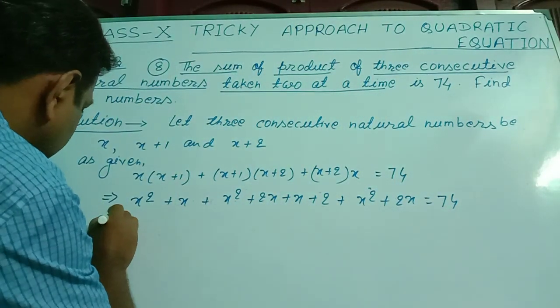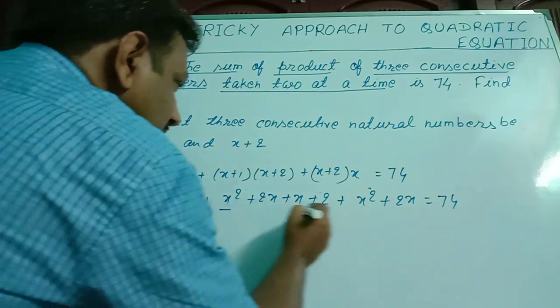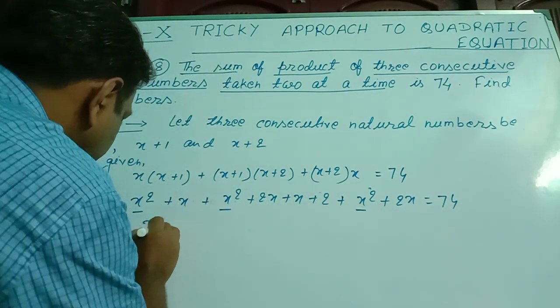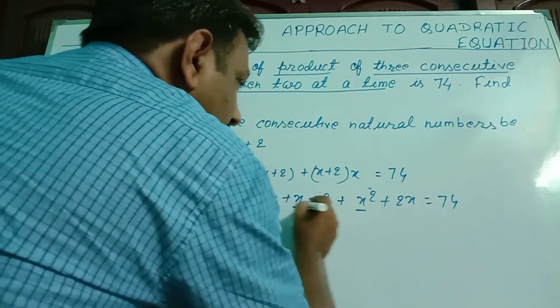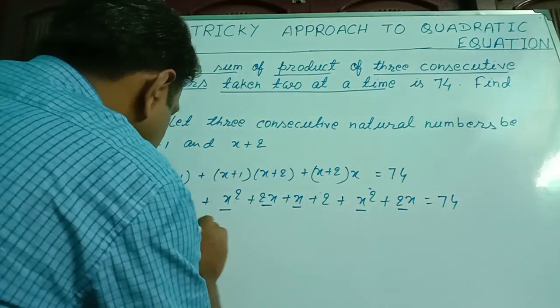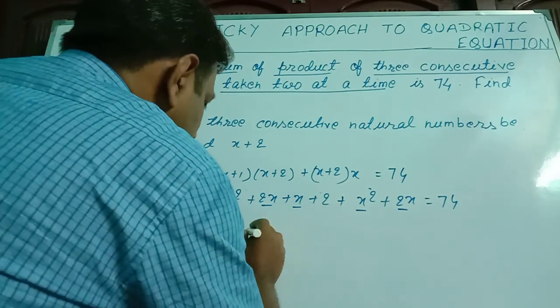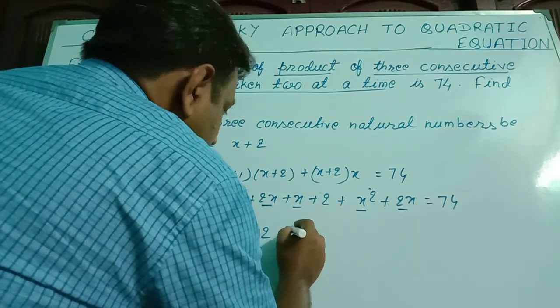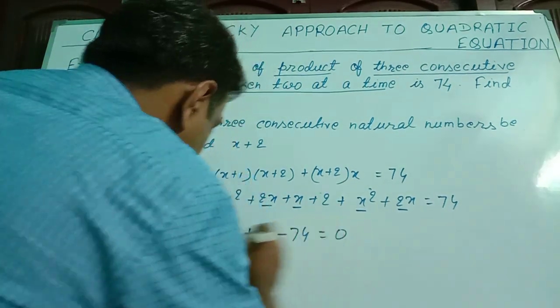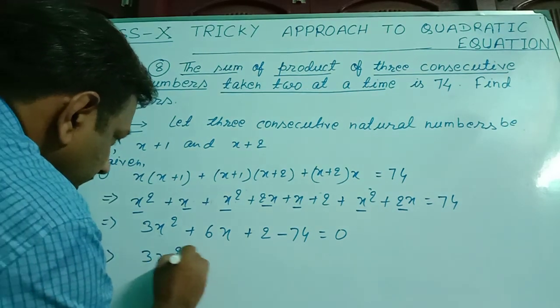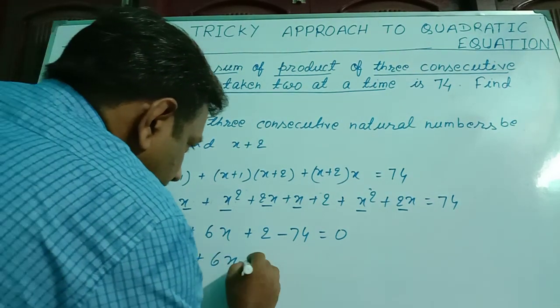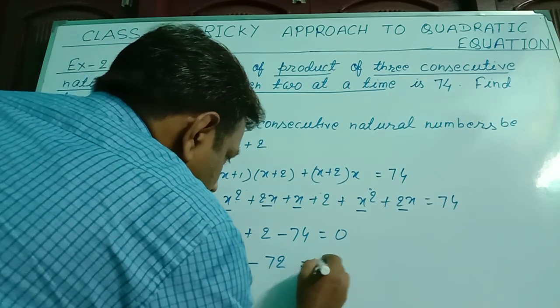Solve the like terms: x square, x square, x square, 3x square; x, 3x, 4x, 6x, plus 6x plus 2 minus 74 equal to 0. So our quadratic equation became 3x square plus 6x minus 72 equal to 0.